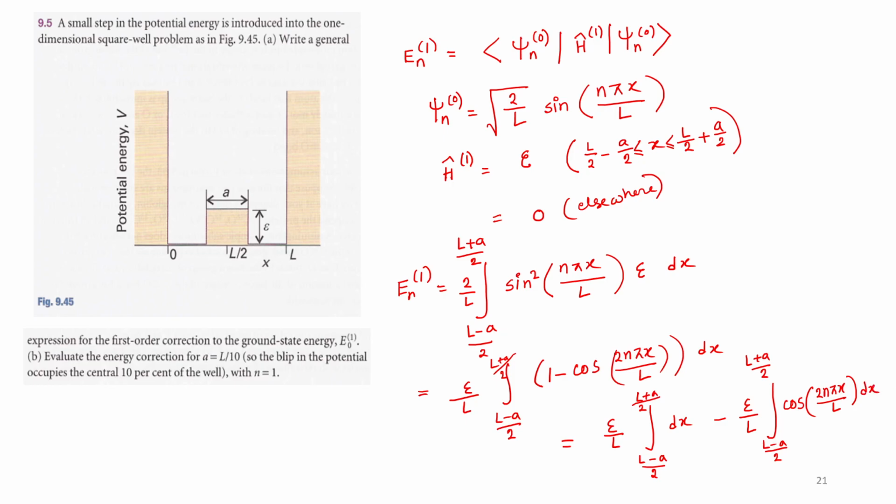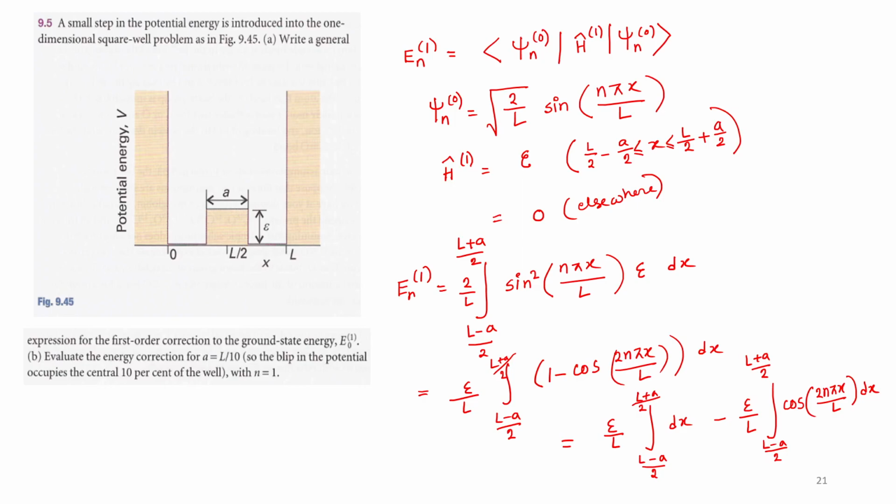Okay, so I'll go to the next page. So we have epsilon by L into dx, integration of dx is x, which is from L minus A by 2 to L plus A by 2.